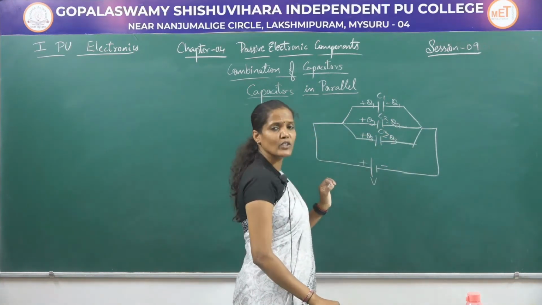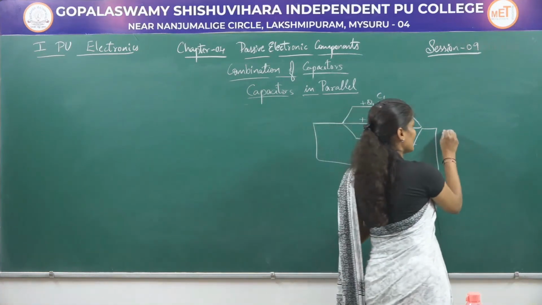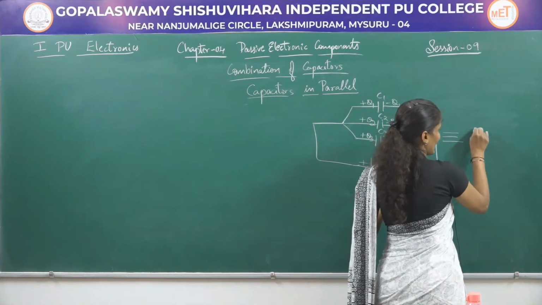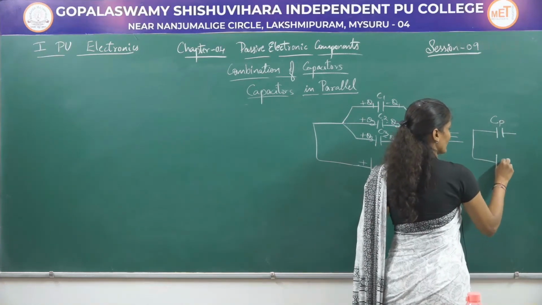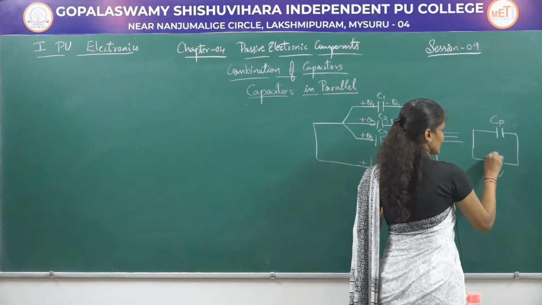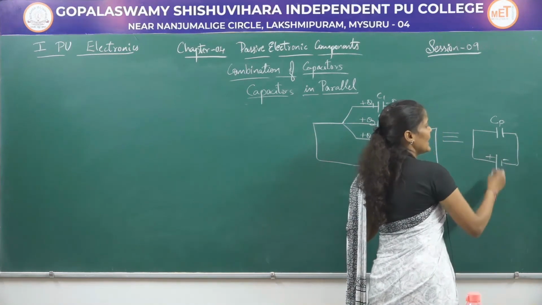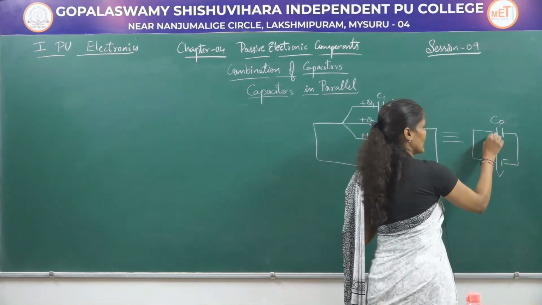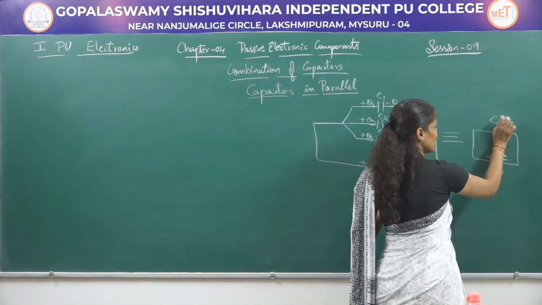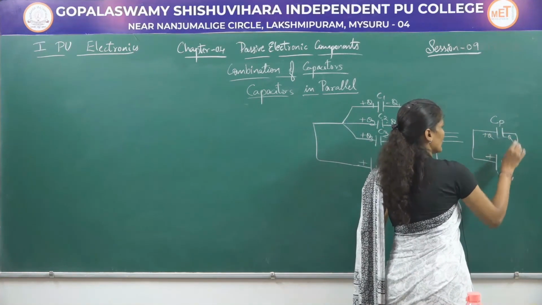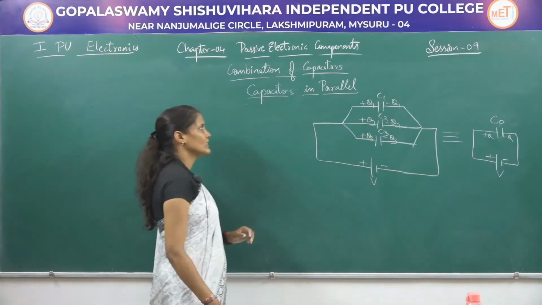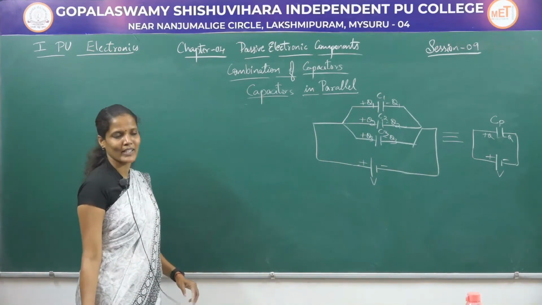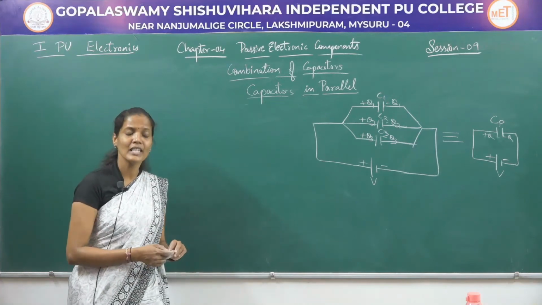And this same circuit can be replaced by a simple circuit which has a capacitance of Cp, connected across the voltage source V. This is the positive and the negative terminal, and the charge will be denoted by plus Q and minus Q. So now let us derive the equation for the effective capacitance when the capacitors are connected in parallel.